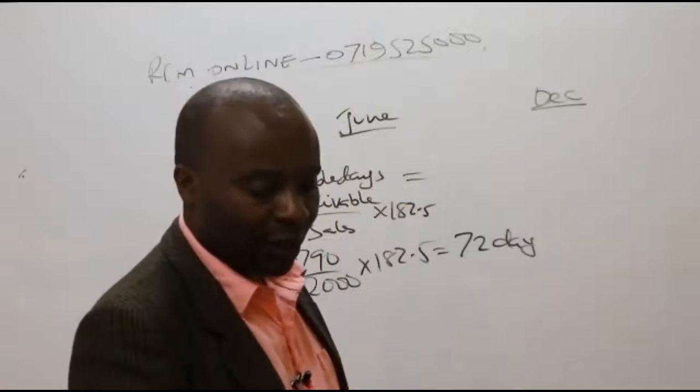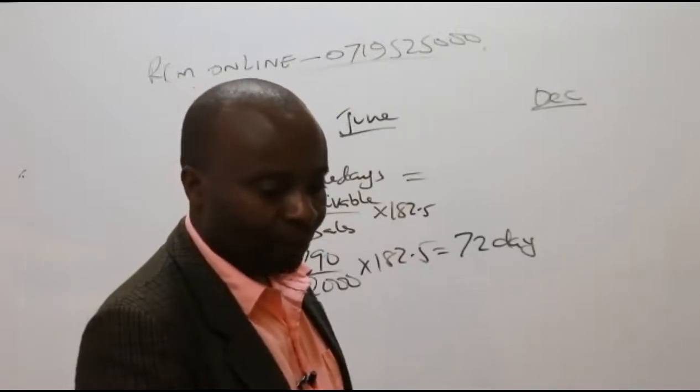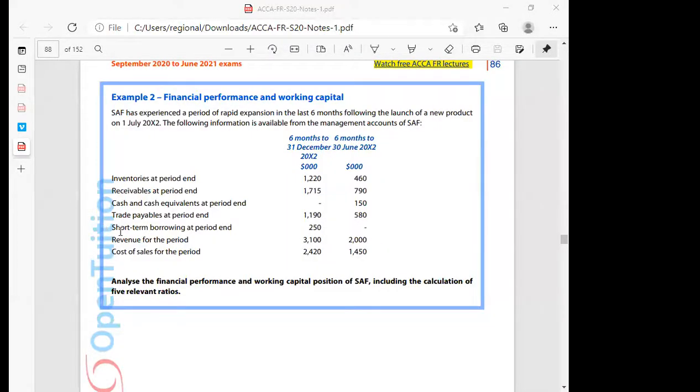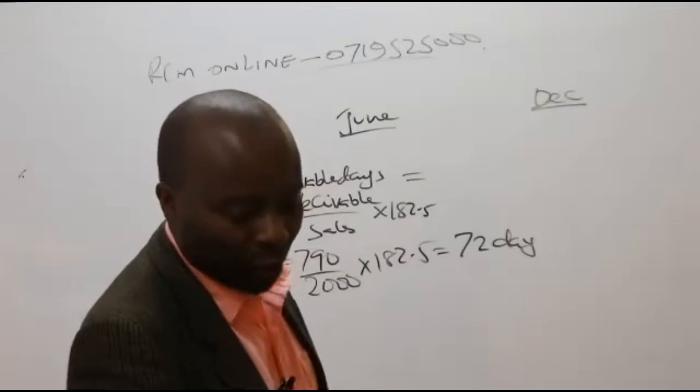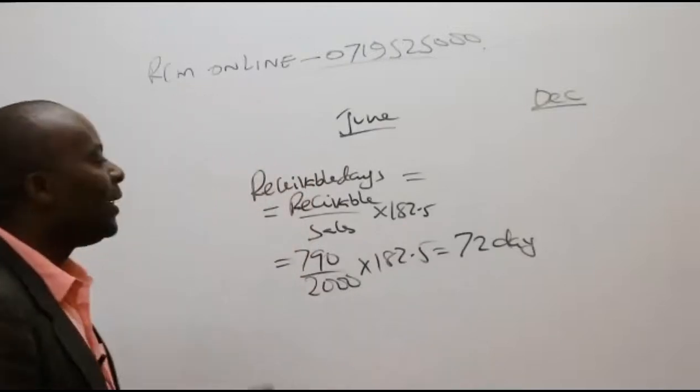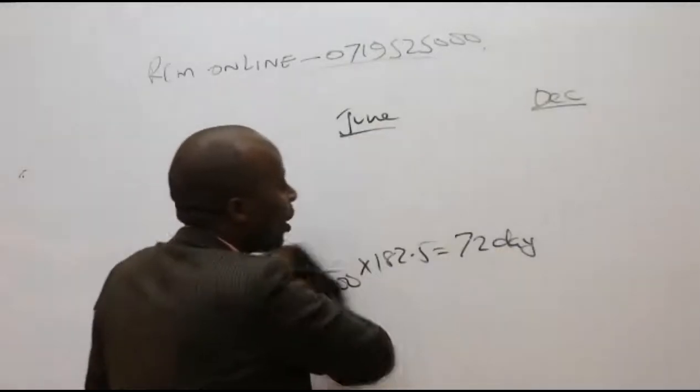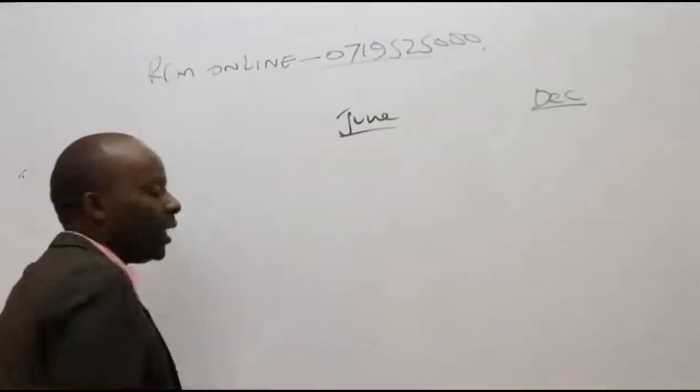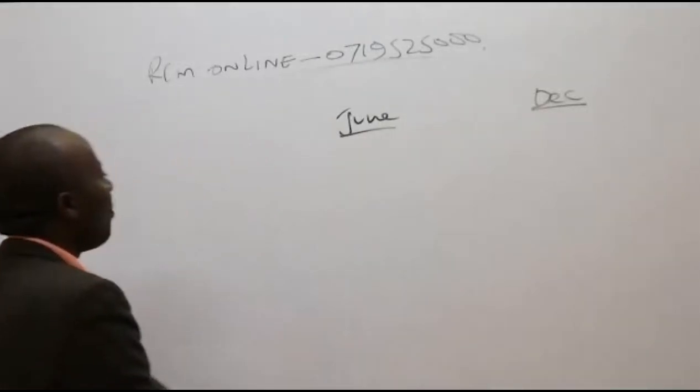Ladies and gentlemen, the other ratio that I'll be able to compute quite easily here is the trade payables. From trade payables, I will be able to calculate what we call the payable days.